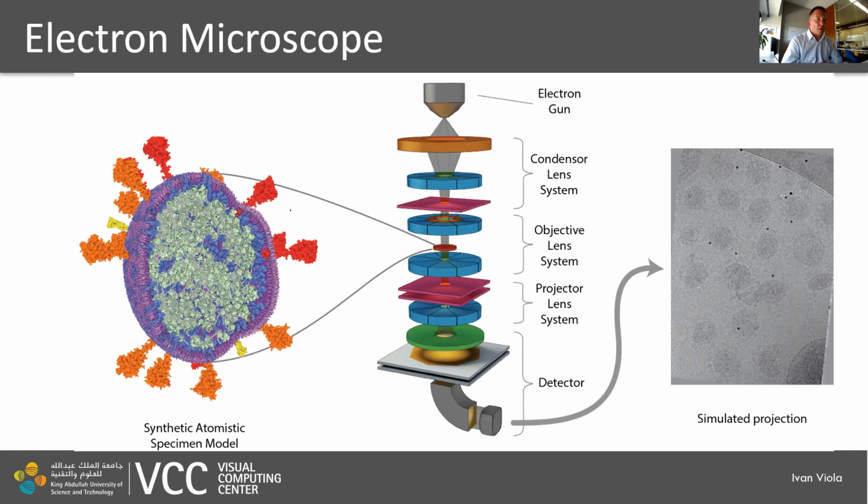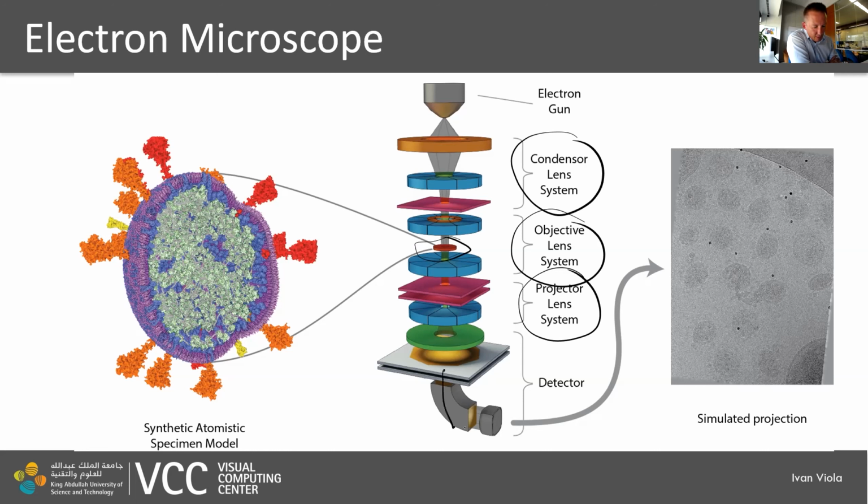So maybe it's not completely important to describe all of those, but we can see that there are several lens systems, and in between there is a specimen located in this area, and this electron beam eventually, in magnified form, interacts with the detector.